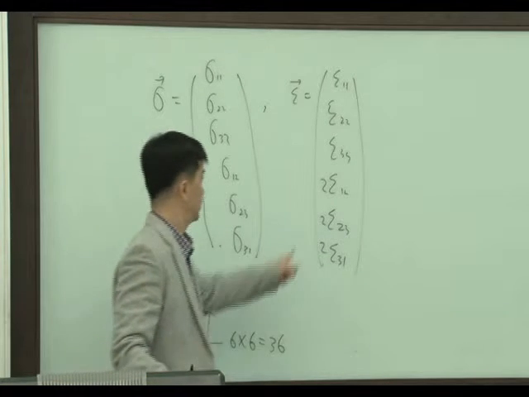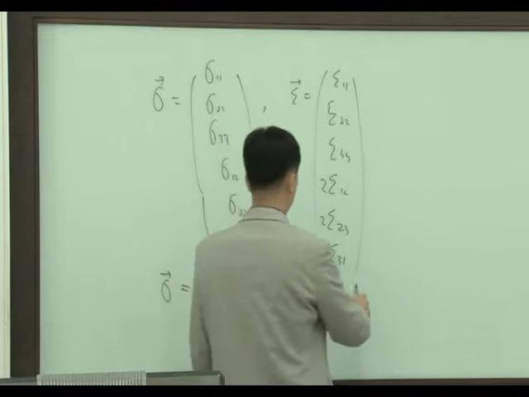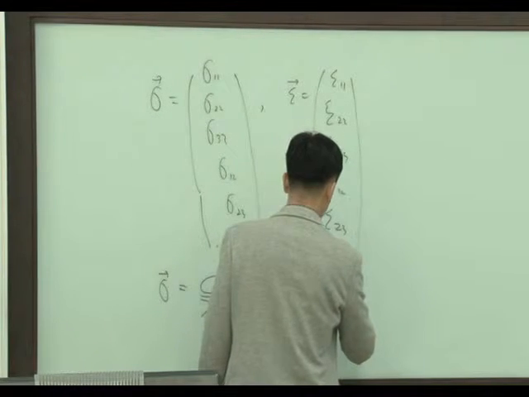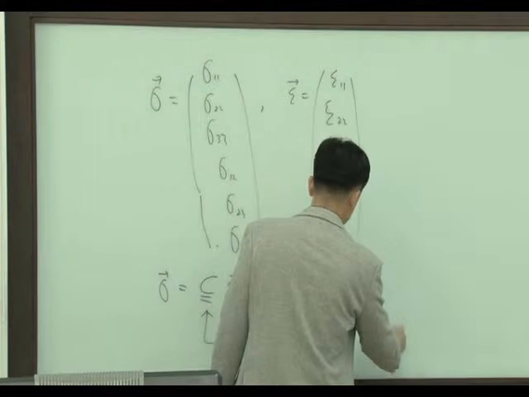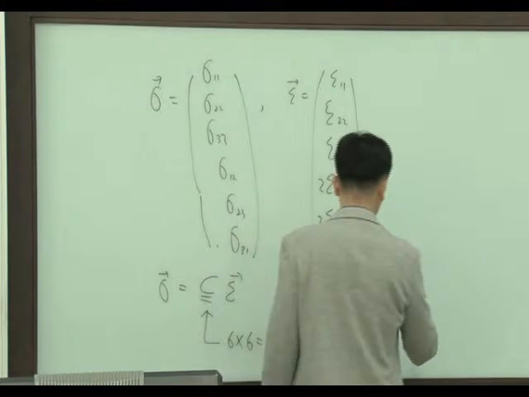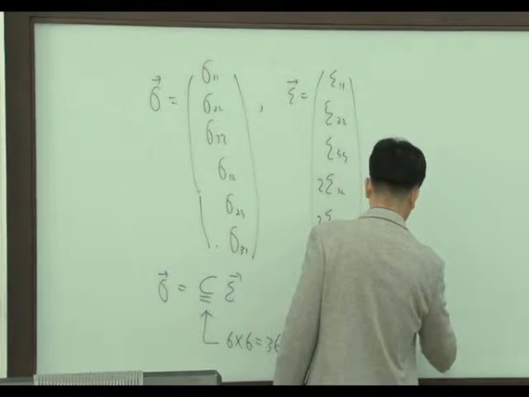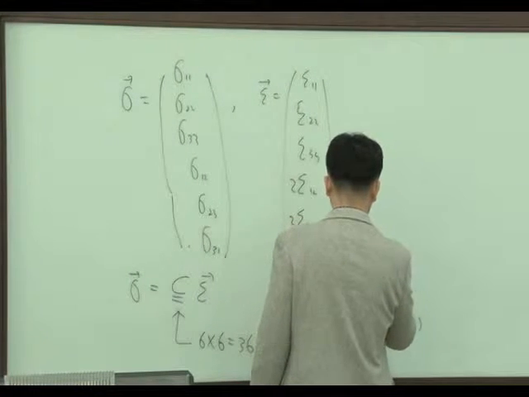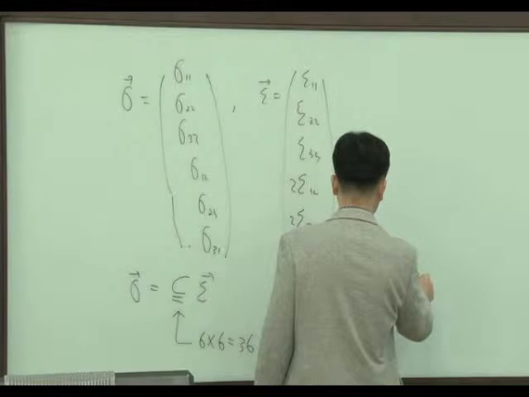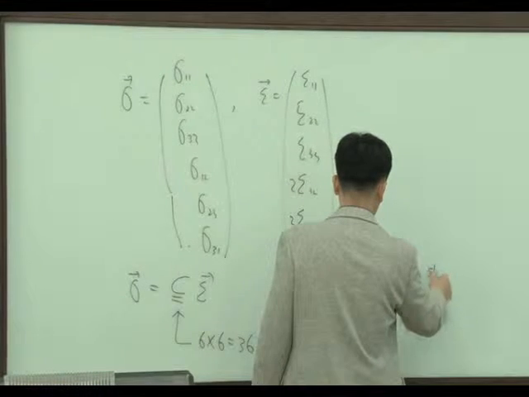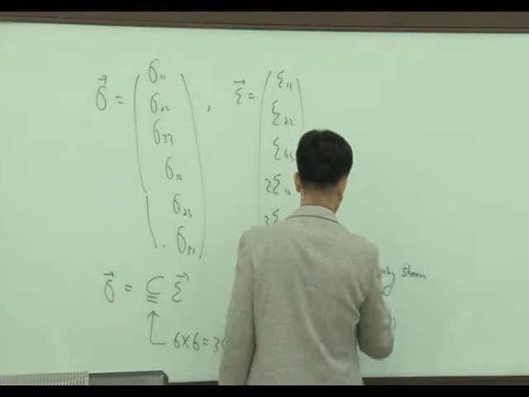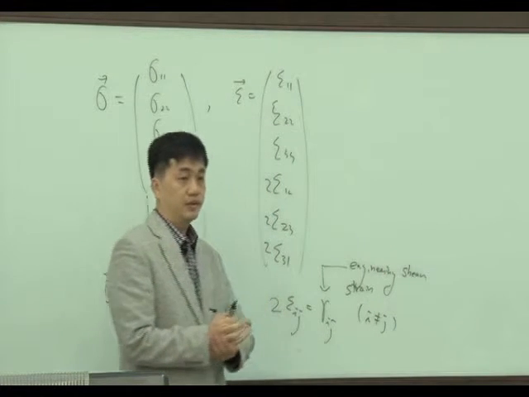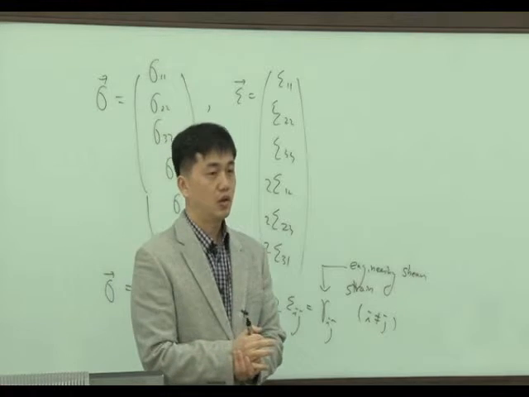So this is engineering shear, right? 2ε_ij equals γ_ij, when i is different from j, engineering shear. Here there is a very important thing.